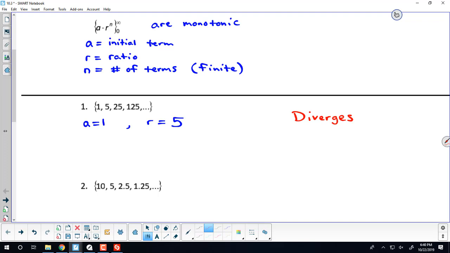Not quite. We had those ones from 10-1 where we had a negative common ratio, but it still converged. So we can include positive and negative numbers as the common ratio to have convergence. So we'll just say that it diverges for now.